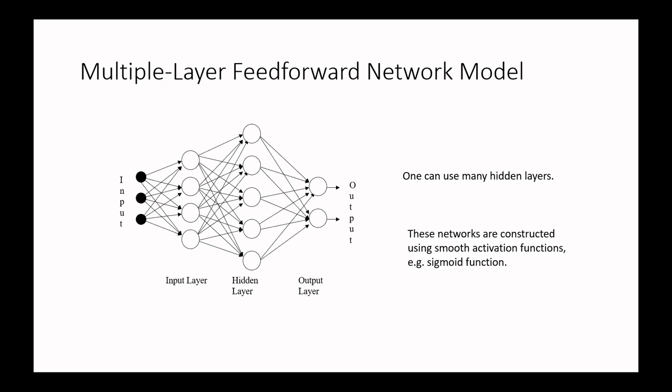All right, so what I showed you was how to train a single layer neuron, either using the LMS rule or using the generalized delta rule. And before that, we also saw how to train using perceptron learning.